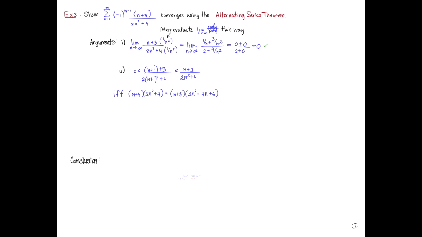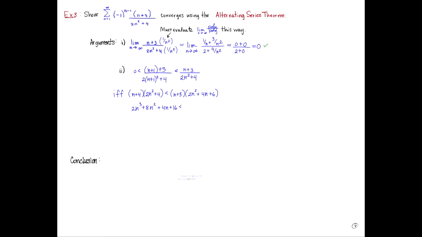Simplifying, on the left-hand side, when we FOIL that, we have n times 2n squared, which is 2n cubed, plus 4 times 2n squared gives us 8n squared, plus n times 4 is 4n, plus 4 times 4, which is 16.